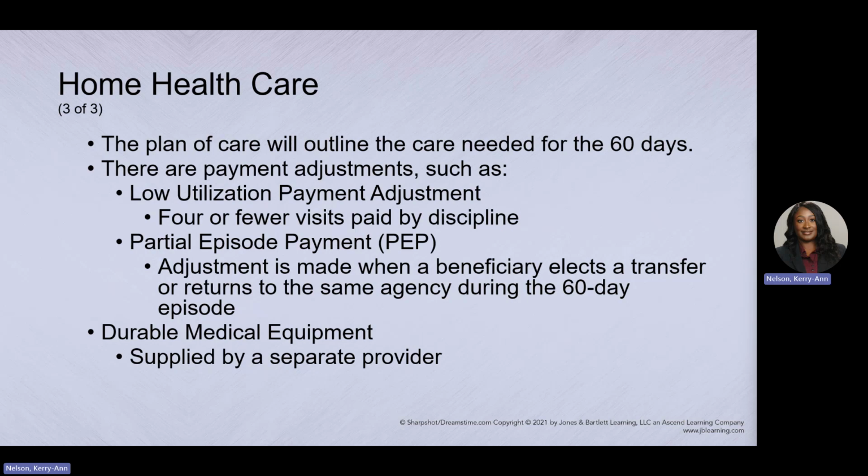There are payment adjustments, such as the low utilization payment adjustment for 4 or fewer visits, paid by the discipline. There's a partial episode payment, which is an adjustment made when a beneficiary elects a transfer or returns to the same agency during the 60-day episode. And of course, durable medical equipment, which is supplied by a separate provider.